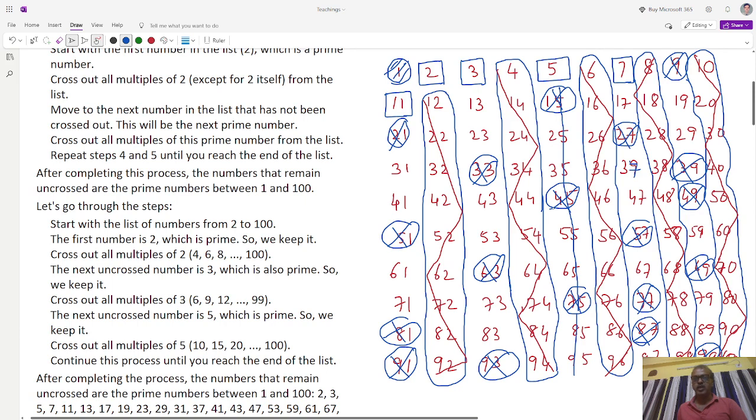All multiples of 11 within 100 are already crossed out. So we then go to the next prime number. This is 13. Put it in a box, and the multiples of 13 are to be crossed out, leaving only 13. Okay. So 13 twos are 26, 39, 52, 65, 78, 91.